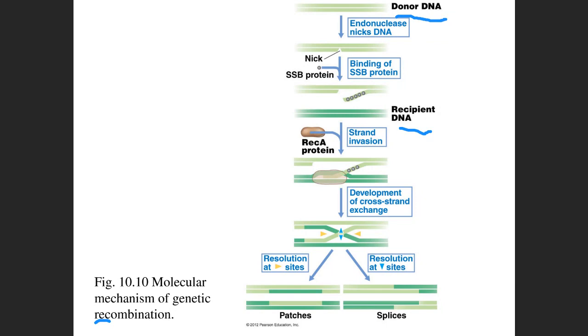So one strand of DNA exchanges with another. That's one type of recombination. Another is resolving in the blue, and that resolves in the splice. And this splice is the recombination we talk about more.